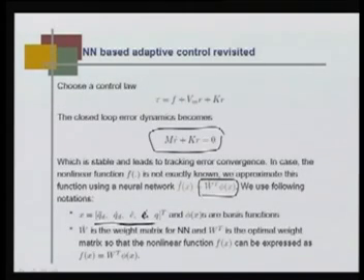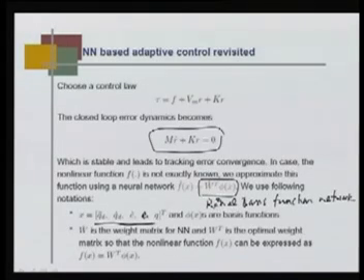So W and phi x are the basis functions. This can be represented in terms of a radial basis function network, which we have already discussed in the neural network model.